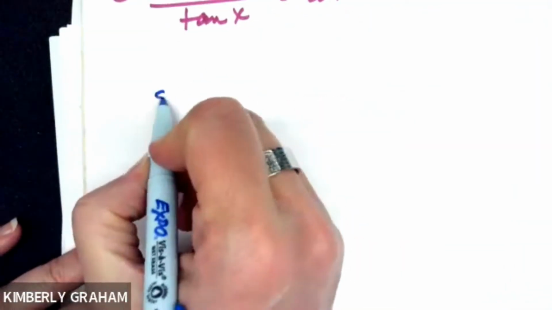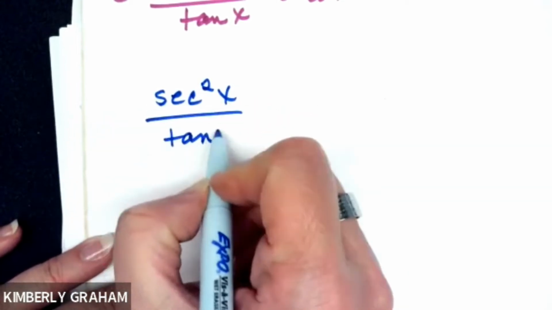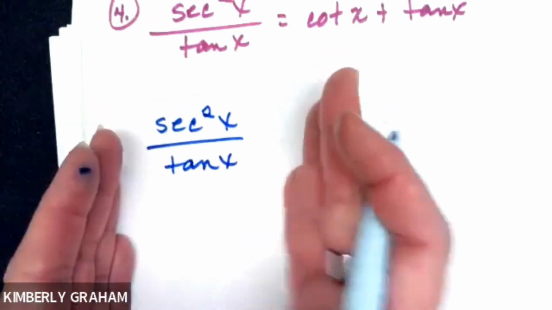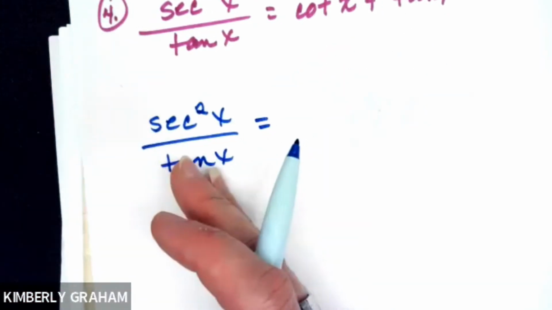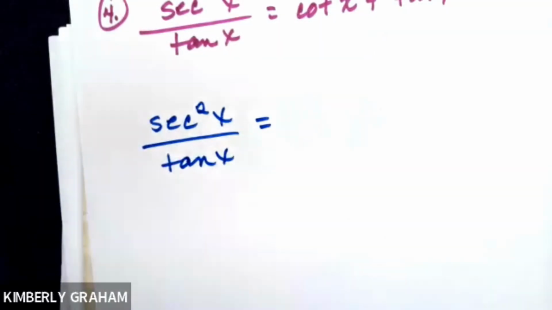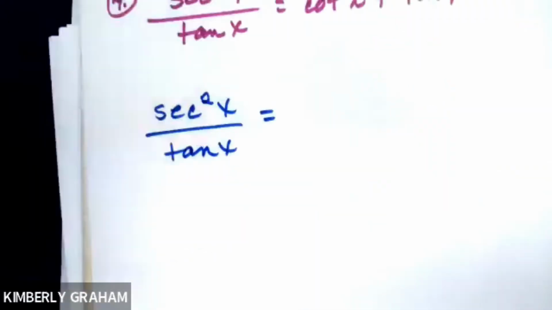I'm going to start off by writing down the problem that I'm given on the left-hand side. And then I want to do something to change that. So I'm going to look at this secant squared. I know secant squared is tan squared plus 1. Okay.